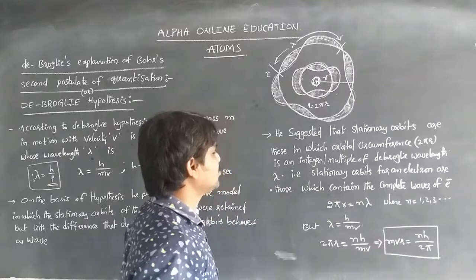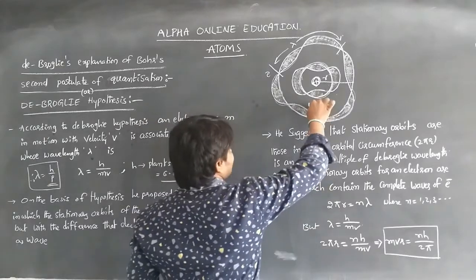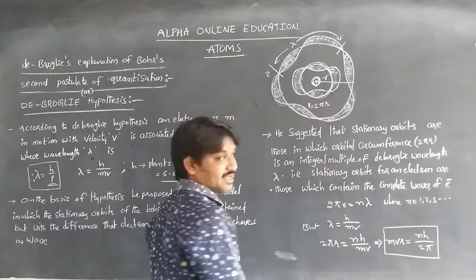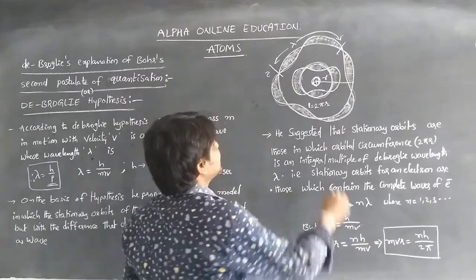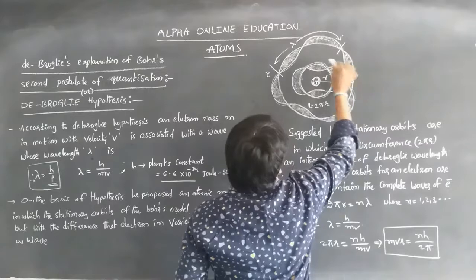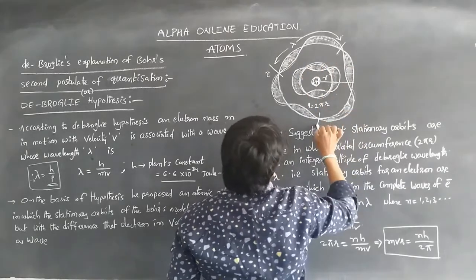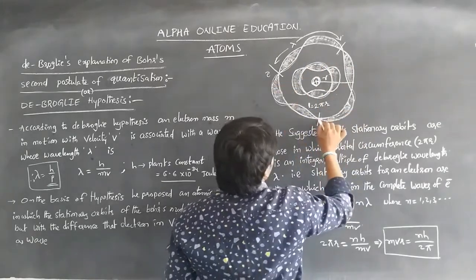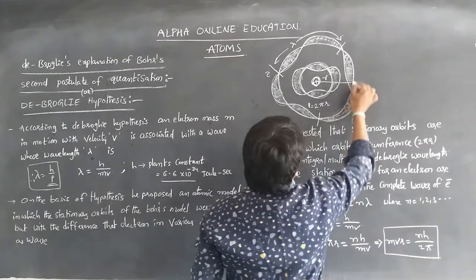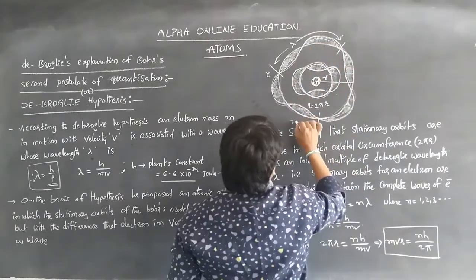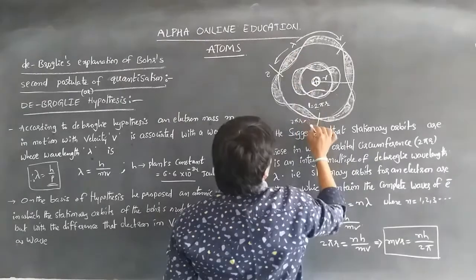The orbital circumference 2 pi r is an integral multiple of the de Broglie wavelength, meaning the number of wavelengths completed: one wavelength, two wavelengths, three wavelengths. So L is equal to 2 pi r is equal to the number of wavelengths.